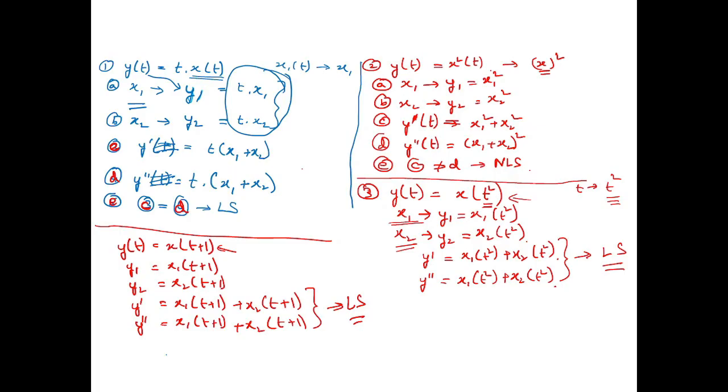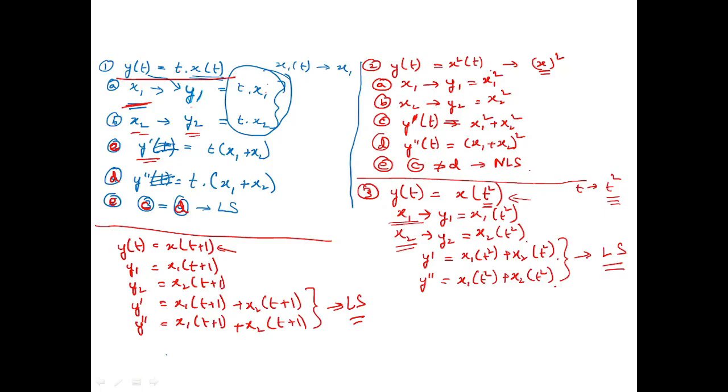Now let's take some examples. So over here we have y(t) equals t multiplied by x(t). Suppose when we have x1, we get y1 which is equal to t into x1. For x2 we get y2, t multiplied by x2. Okay, so y dash is given by t into (x1 plus x2).